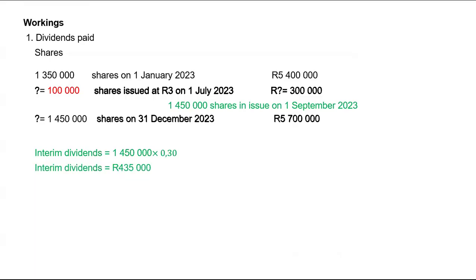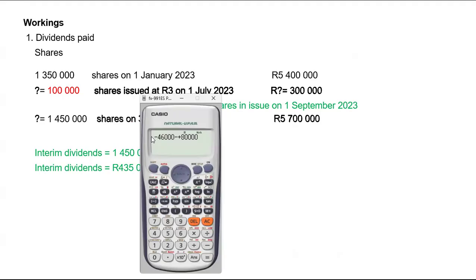So I'm going to go back to that calculation I showed you. In between there, I'm going to put in 435,000, and then it'll give me my dividends paid of 401,000. Otherwise, I would have taken last year's final dividends, which was the 46,000, and added it with 435,000.